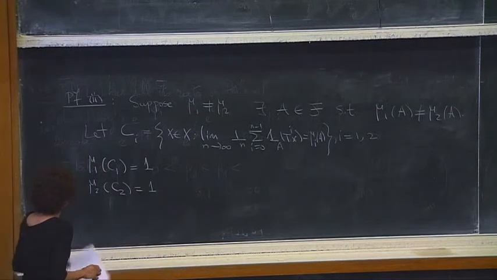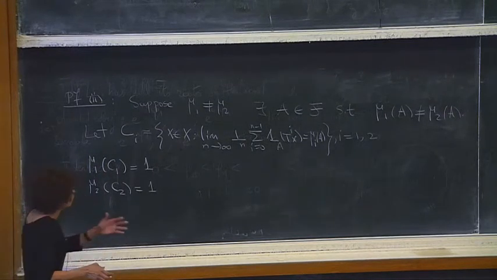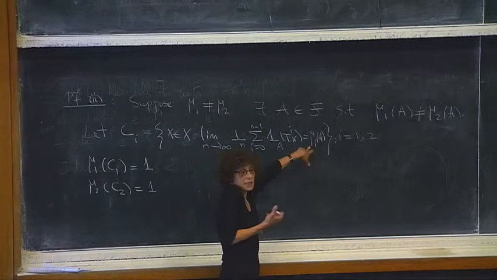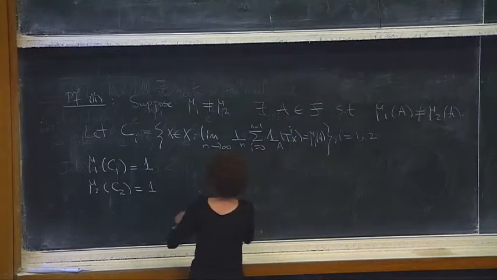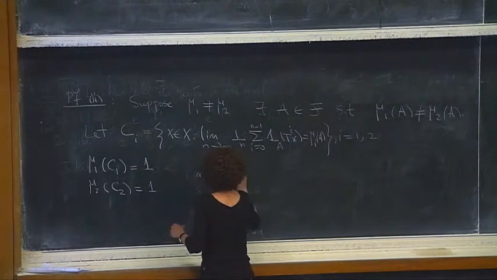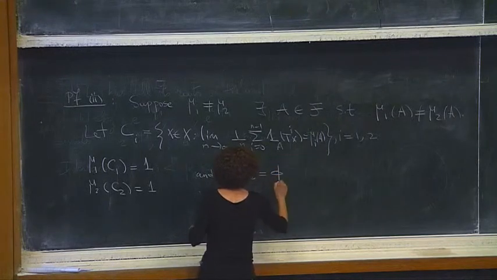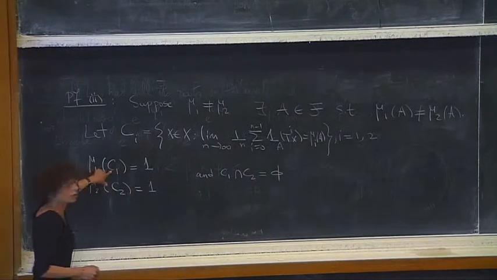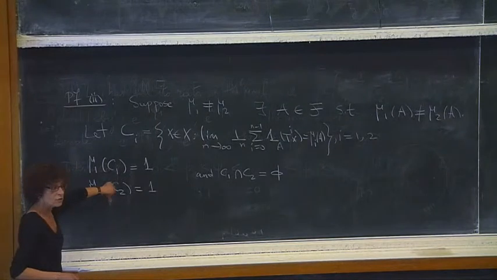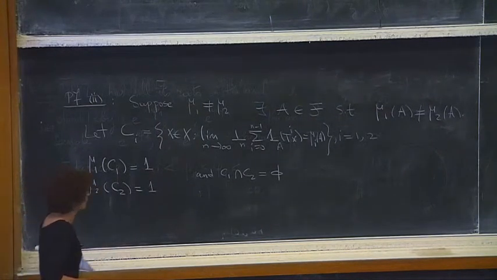And not only that, C1 and C2 are disjoint, because you cannot have two distinct limits, right? So C1 intersection C2 is empty. So here we go: mu1 lives on C1, and mu2 lives on C2, and these are disjoint. So you have mutual singularity.